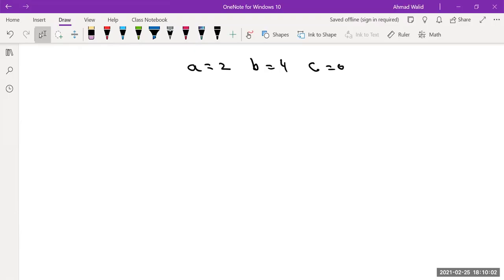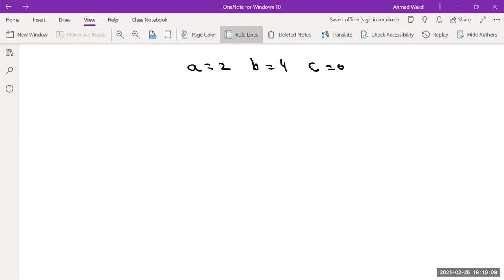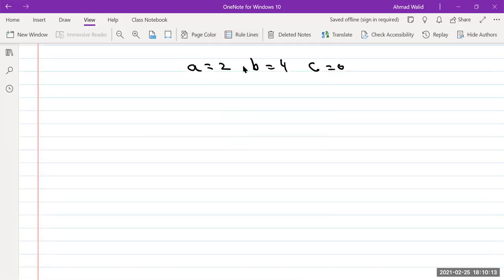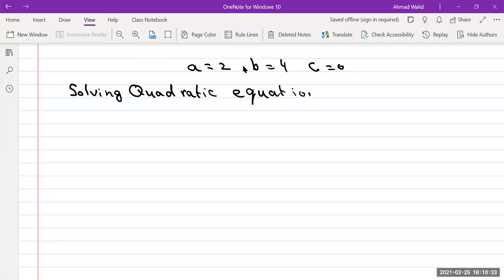The first method, let me put here first a topic for you. I prefer to change my view to the line view. Okay, let's put a new topic here, solving quadratic equations.